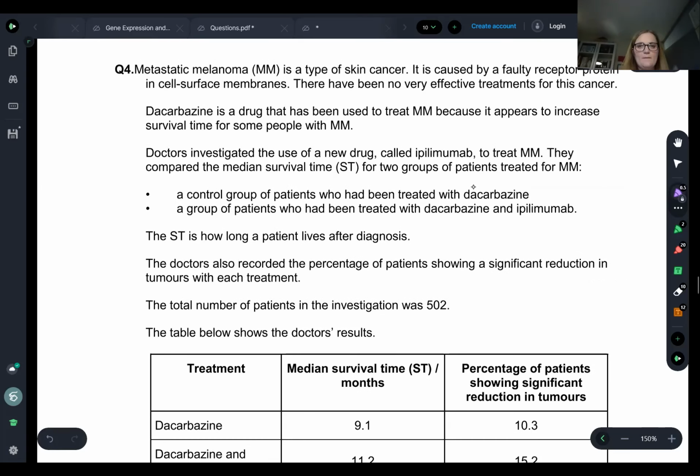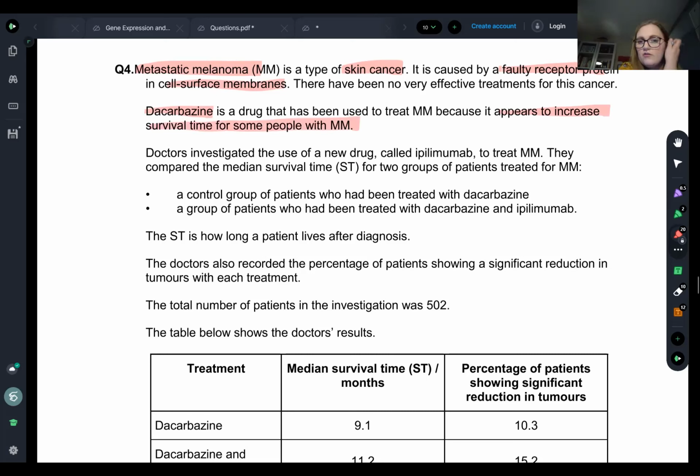Okay, so we've got metastatic melanoma. It's a type of skin cancer. It's caused by a faulty receptor protein in the cell surface membrane, and there have been no effective treatments for this cancer. So we have a drug, dacarbazine, that's used to treat it because it appears to increase survival time for some people.